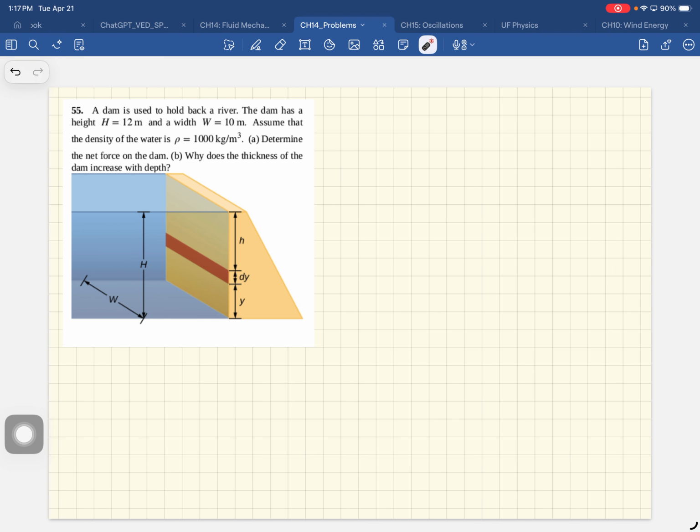So the total force on the dam wall is the sum of all these forces, with dy going from 0 to the height of the dam.